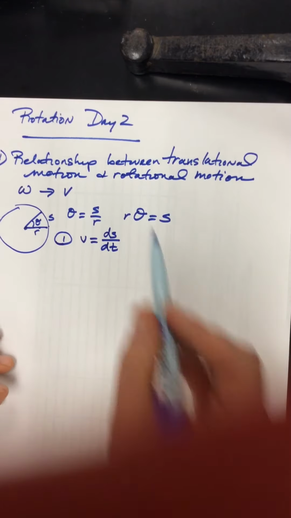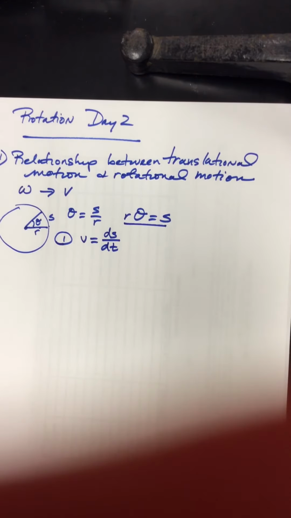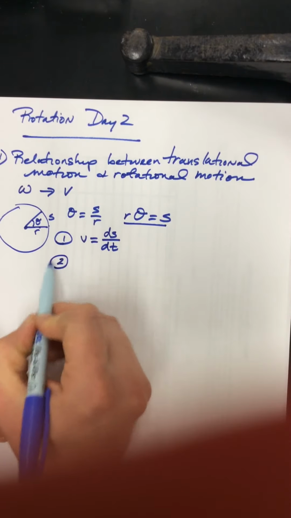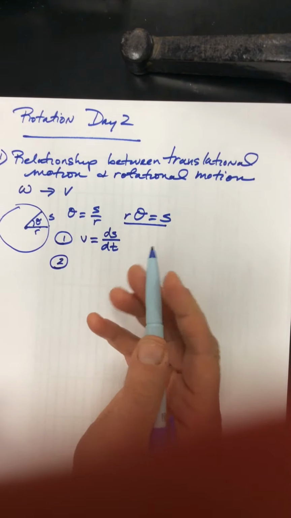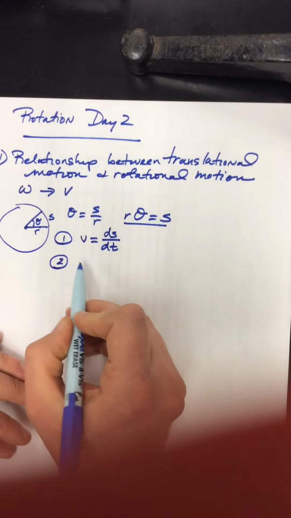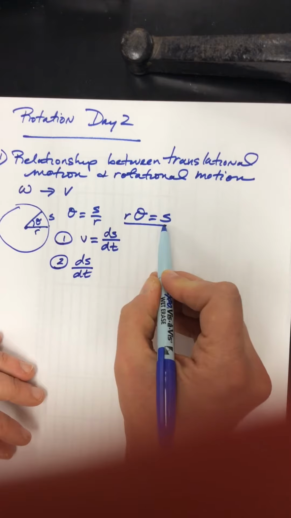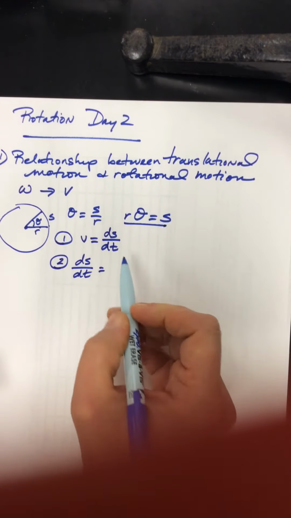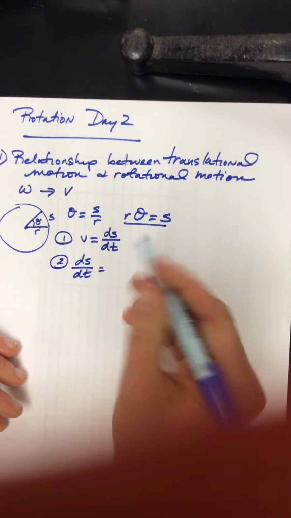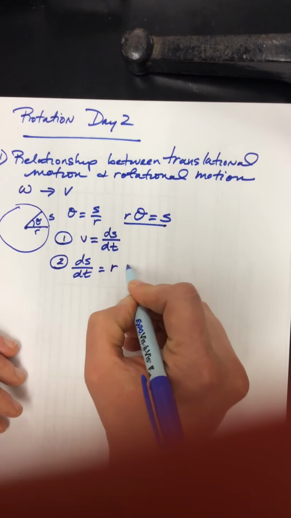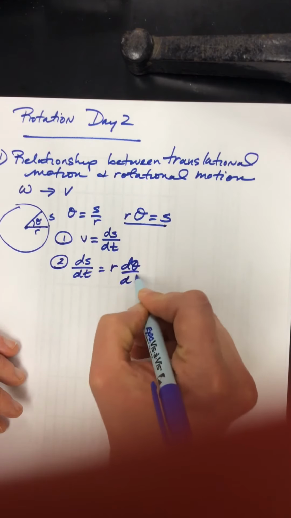Now, if I take this and work with it from a calculus perspective, what I'm really doing here is taking ds/dt, this piece right here. My radius should be fairly constant, but I'm going to take my angle and chop it up into smaller and smaller bits.